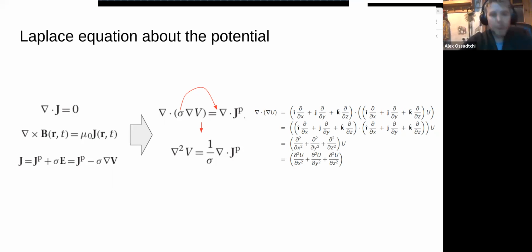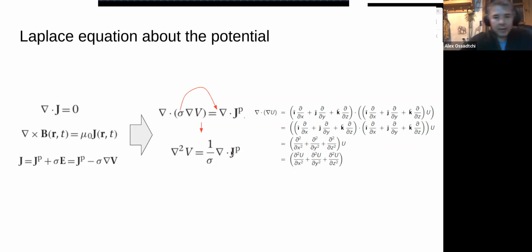So the total current is equal to this. And if you solve this whole thing, you arrive at an interesting equation, which tells you that the Laplacian of the potential, nabla squared of the potential, is equal to the divergence of the current density.